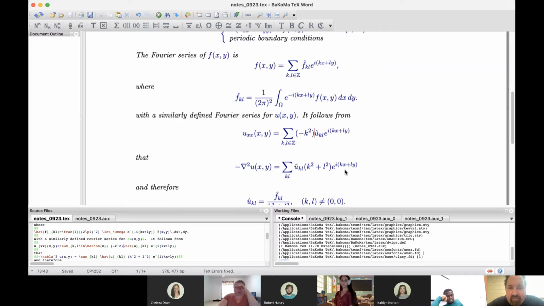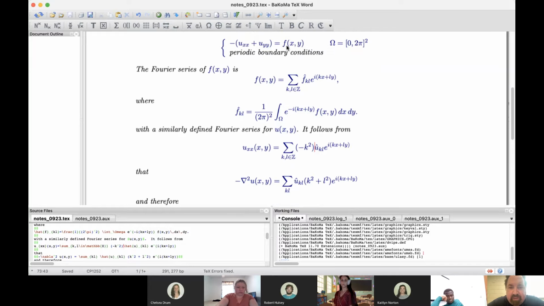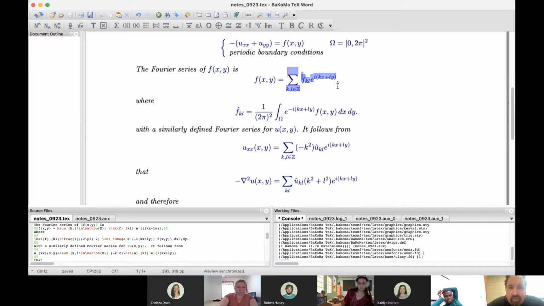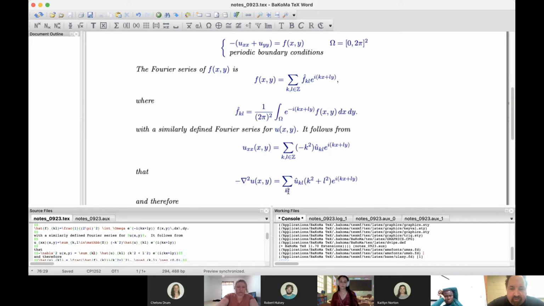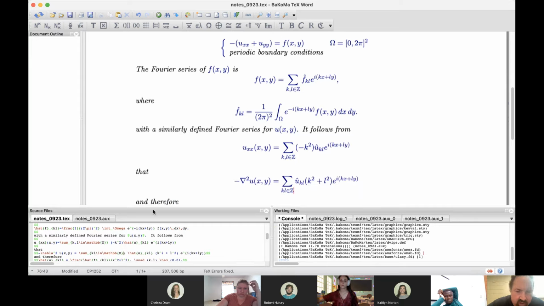Here we have minus Laplacian of u, but that's supposed to equal f. So now I need to take this Fourier series and match it with this one. We have the double summations in common, and we also have the complex exponentials in common.